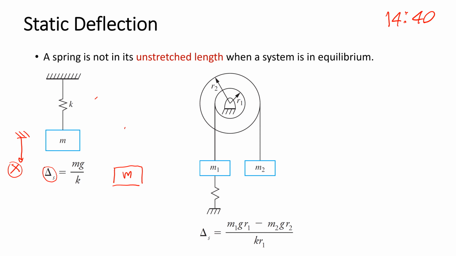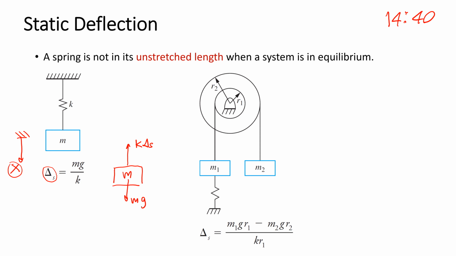What we are going to have is the spring will create the force in the upward direction with magnitude k multiplied by delta s. And the mass itself should have mg.